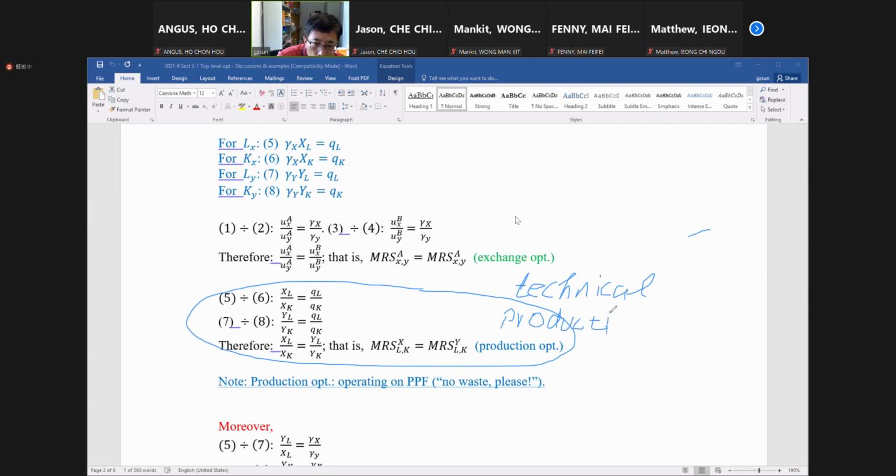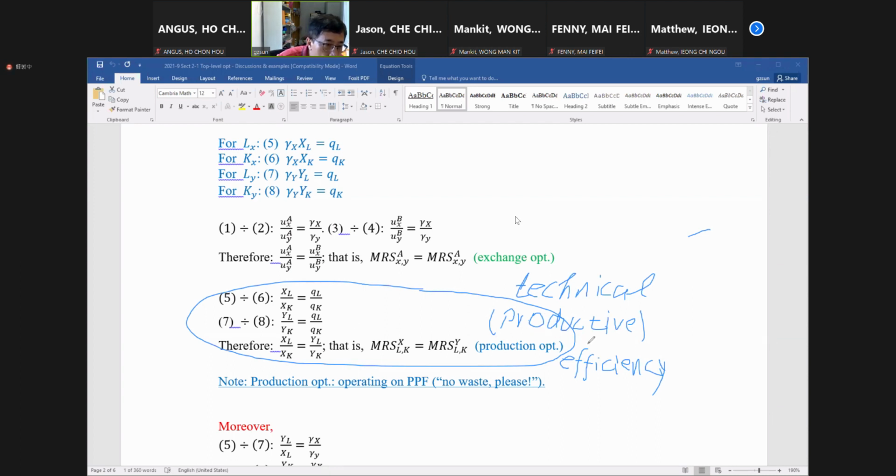Basically, what's happening in production? This is so-called either technical or productive. So hard to write. This is about the technical dimension of our story, how to organize the production.